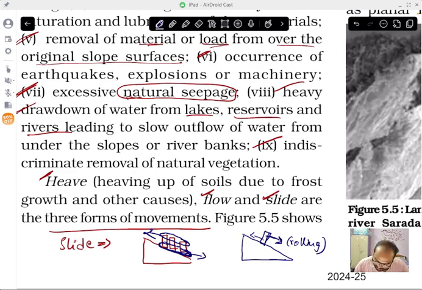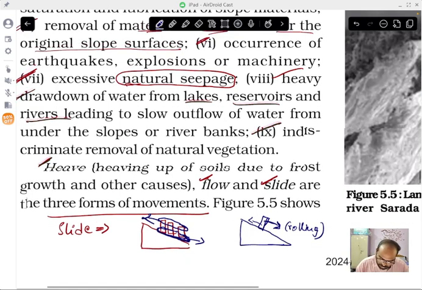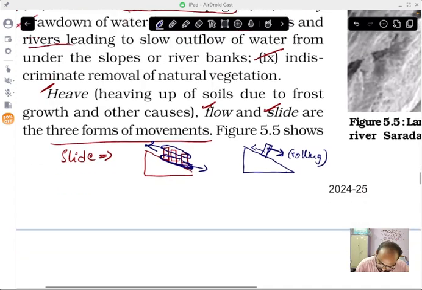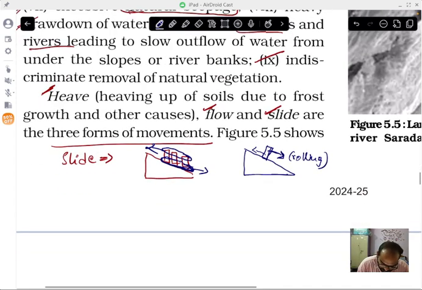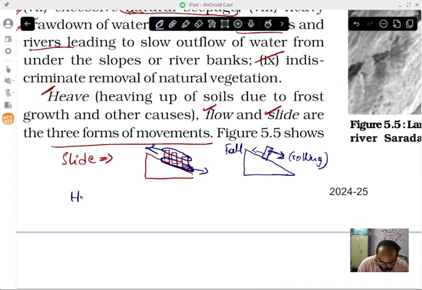And next, heave. What happens in a heave? In heave, the rock material slides down very slowly due to expansion and contraction.